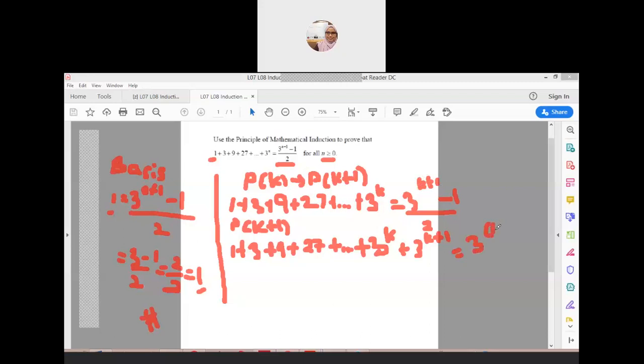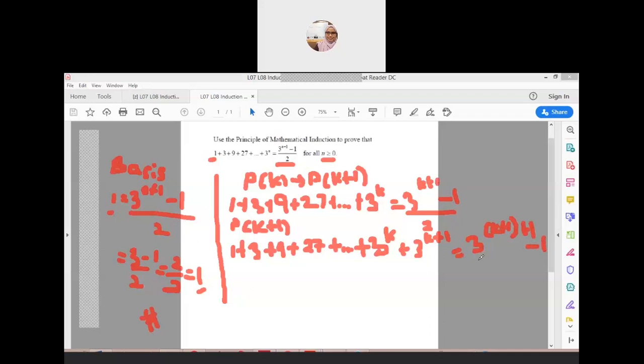Here is k plus 1, plus 1. Here we replace k with k plus 1, and 1 here is the original one, minus 1 divided by 2.